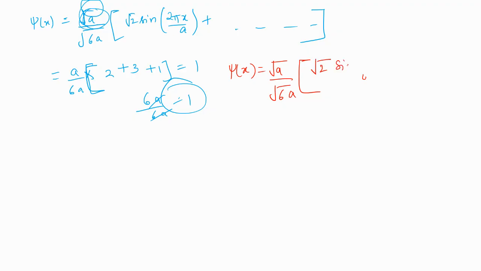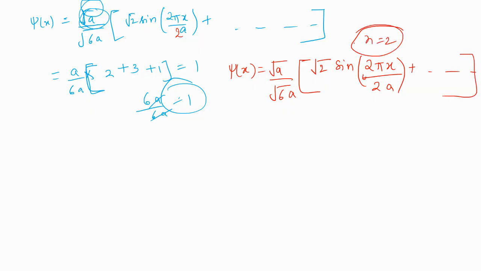We only need to focus on this part, because the other parts are not asked in the question. We are asked to find the probability of the particle in the n is equals to 2 state. You know very well the probability will be the square of the coefficient that is written before it.